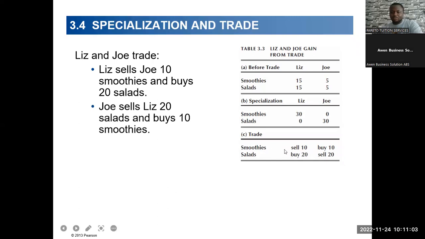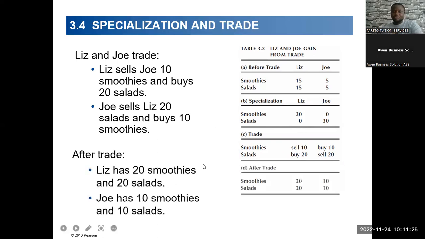So she sells 10 smoothies, Joe buys 10. And then Joe too, Joe is producing salads. So Joe will sell 20 units of salads. Then Liz will buy those 20 units of salads. So you see how the trade is going on. You will sell part of yours, and then you also buy the good that the other person is producing.